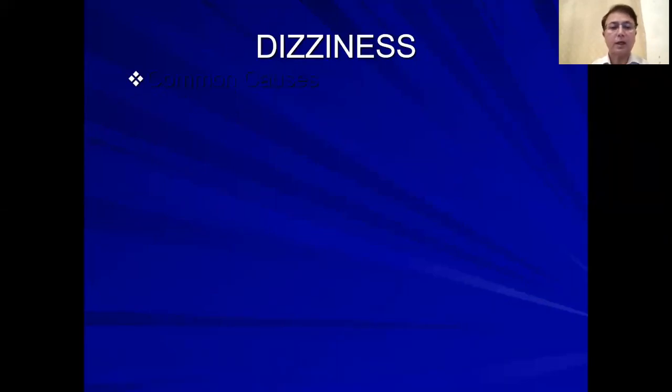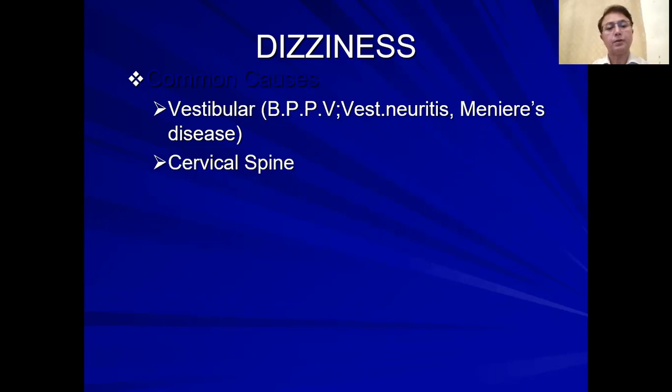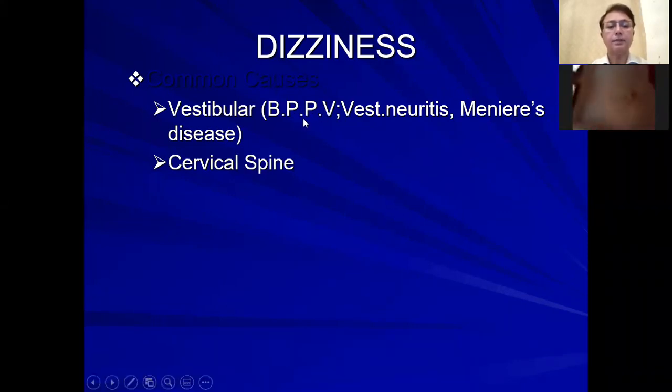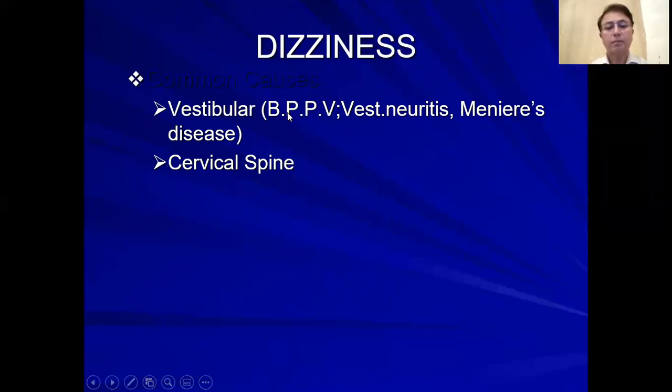Common causes are mostly vestibular or cervical, and among vestibular, 80% are benign paroxysmal positional vertigo. The second most common is vestibular neuronitis or vestibular neuritis. Thirdly, we talk about Meniere's disease.